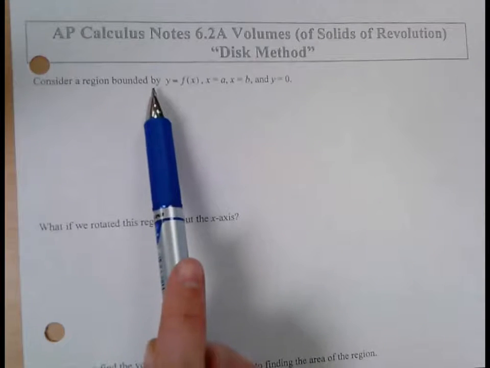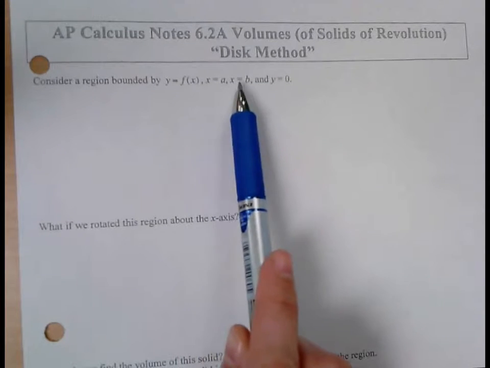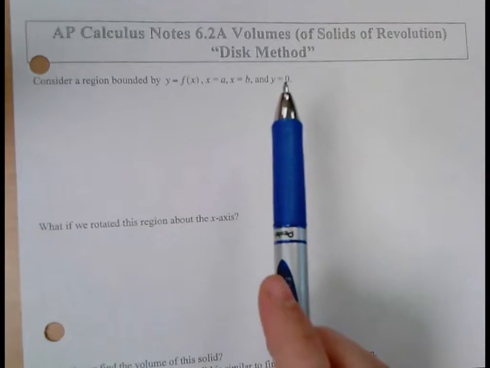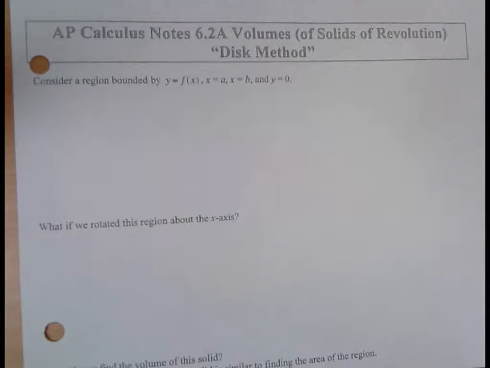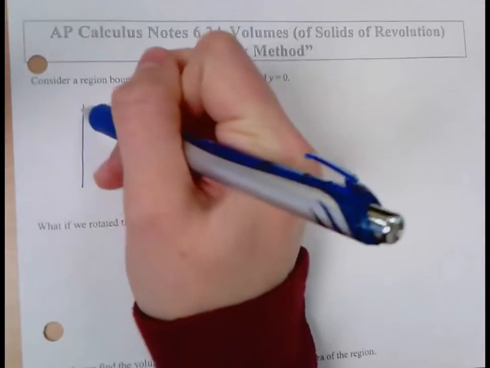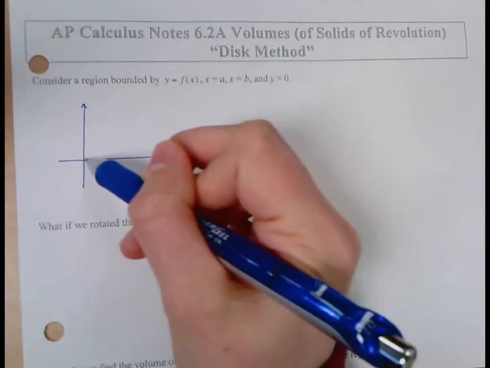Say you have a region bounded by some function f of x on an interval from a to b for your x values, and then it's also bounded by y equals 0 in this case, so it's bounded by the x-axis as well. So I'm just going to draw a general curve.